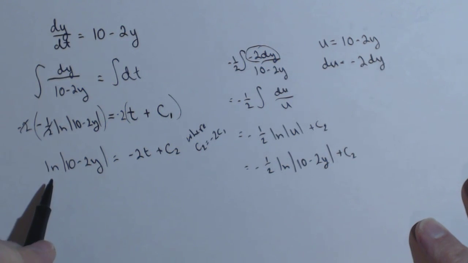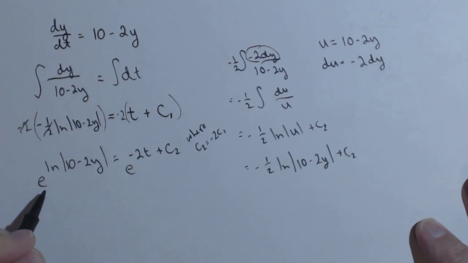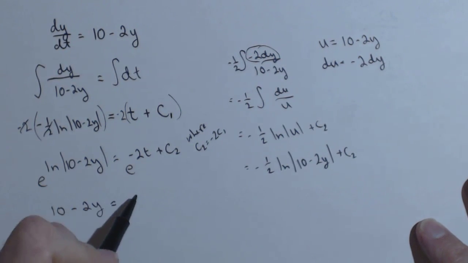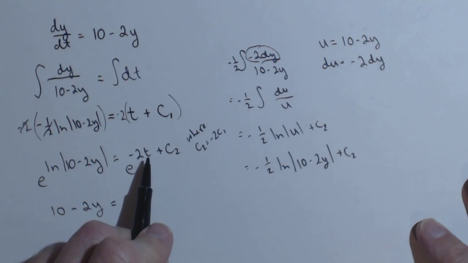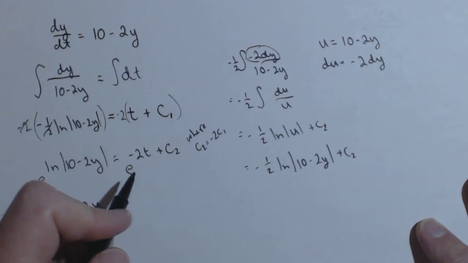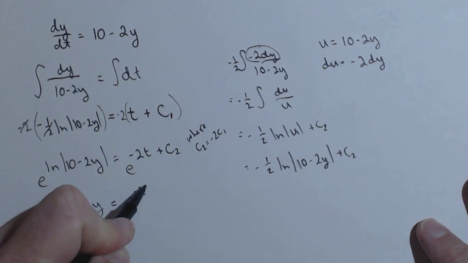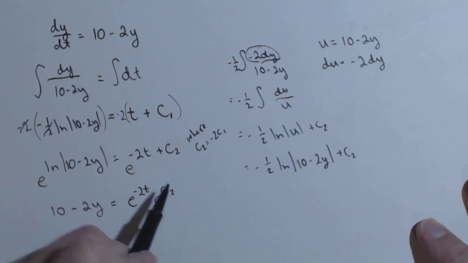Now, we need to get this out of a natural log. I'll make both sides exponents of e, so that gets rid of the absolute value, and I get 10 minus 2y on this side. Now here, this is pretty cool the way we do this. We have e to the minus 2t plus c2, but this is the same as e to the minus 2t times e to the c2.